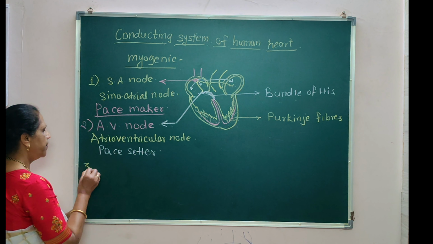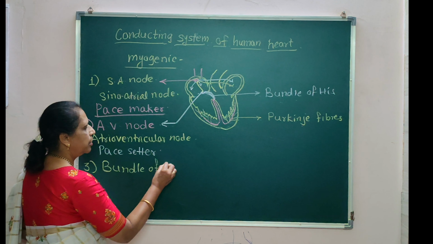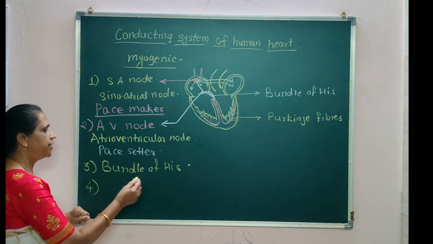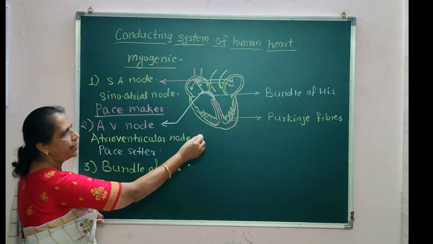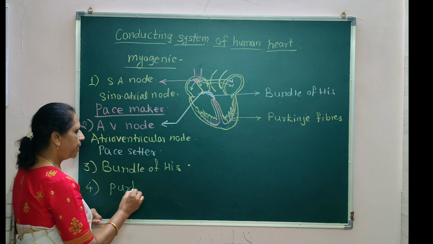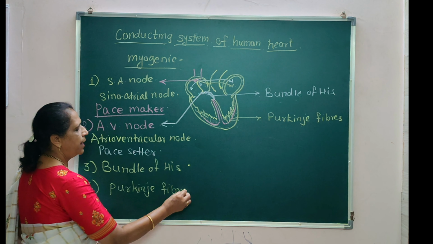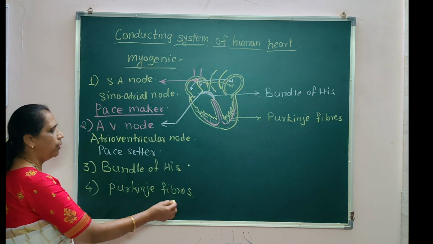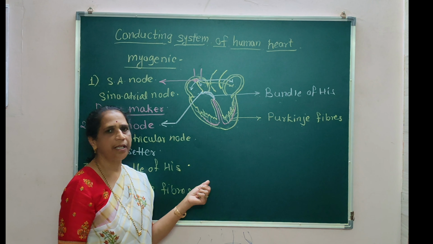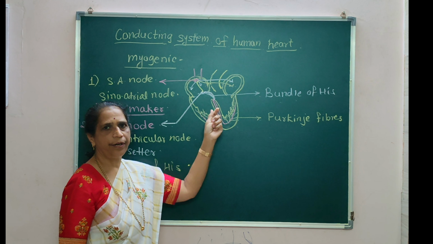The third major part is the bundle of His. The bundle of His conducts and transmits the impulse, dividing into two branches, to the right ventricular wall and left ventricular wall, and it again divides to form small branches in the ventricular wall called Purkinje fibers, which carry the impulse and cause ventricular contraction.